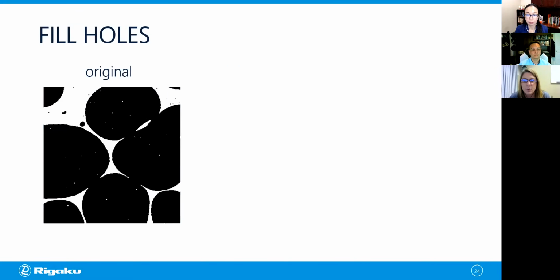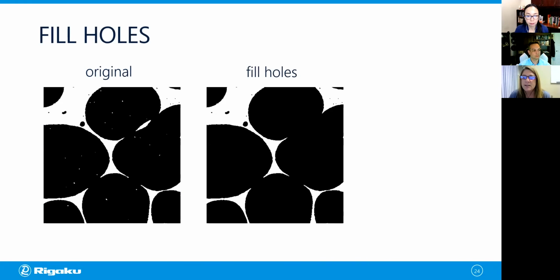So let's look at another tool, and it's called fill holes. And as the name implies, fill holes will remove holes inside of ROIs. And if we look at this example, we see it does a really good job of doing that. However, there's a problem. If we look at the original and resulting images here, we see that the tool has eliminated a hole that was real. So we had two of these void regions, objects, connected to one another by two connections, and by virtue of that, it filled it.